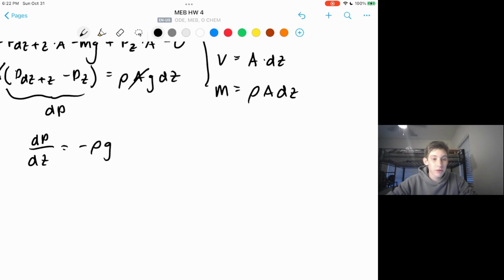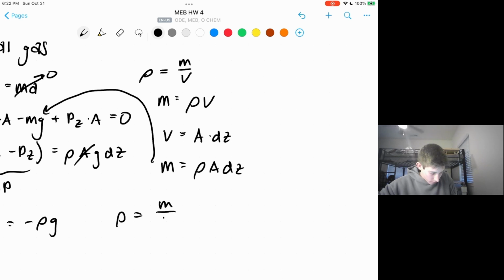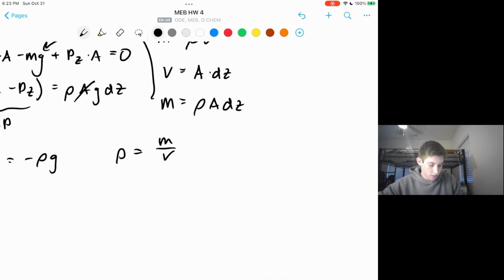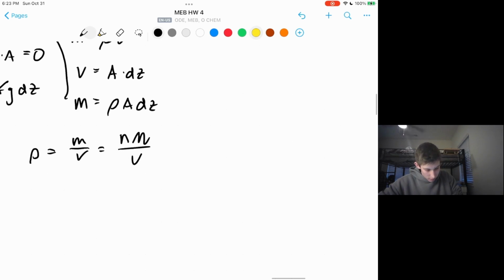So to put this in terms of an ideal gas, we know that rho equals mass over volume. We also know that mass can be equal to the number of moles times the molecular weight. And if we look here, we can do some substitution with the ideal gas law, PV equals nRT.